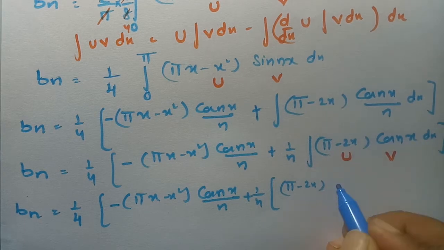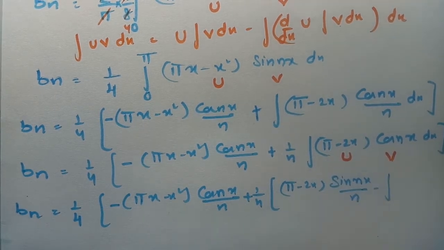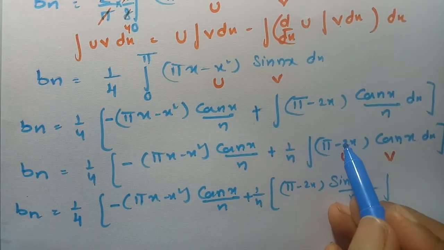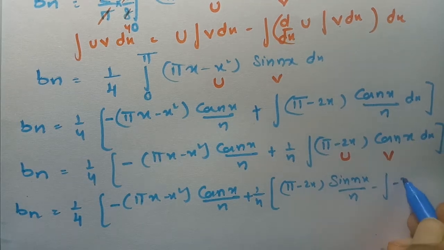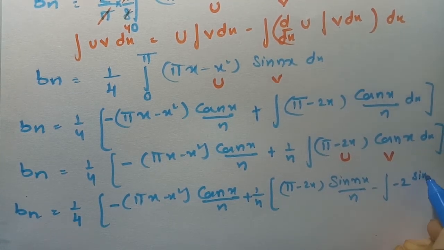So for cos nx it is nothing but sine nx by n, minus integral derivative of u. For pi it is 0, for minus 2x it is minus 2 remains, and again for cos nx, that is sine nx by n of dx.